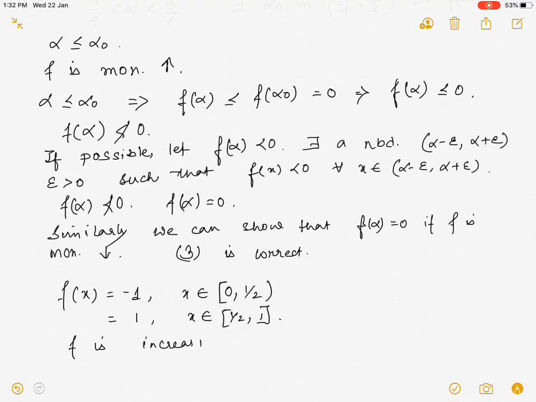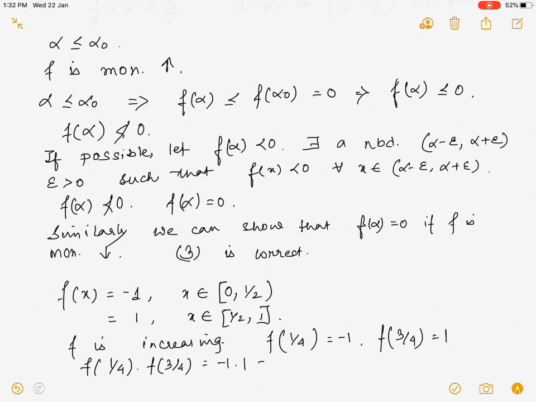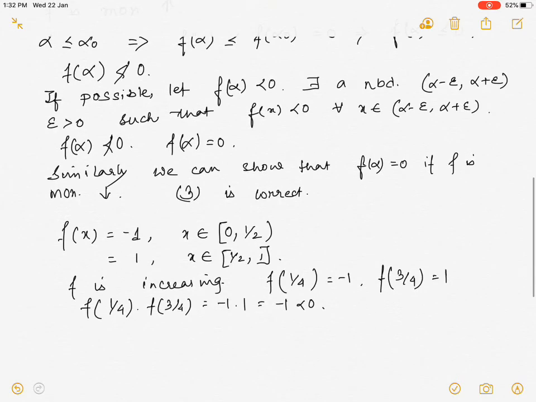We see that f is increasing. f(1/4) is -1, f(3/4) is 1, and f(1/4) times f(3/4) is equal to -1 times 1, which is -1, less than 0.